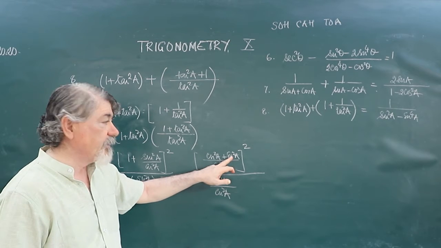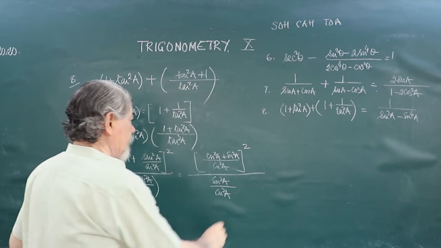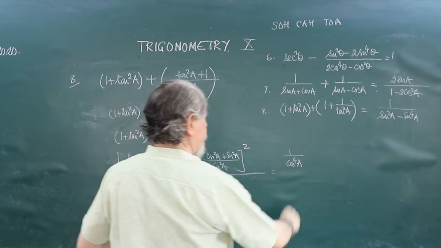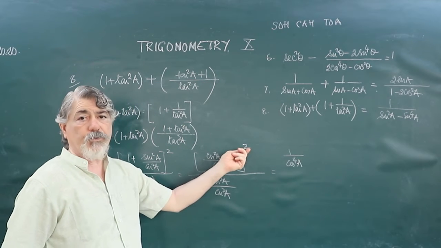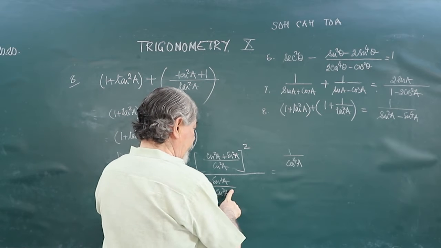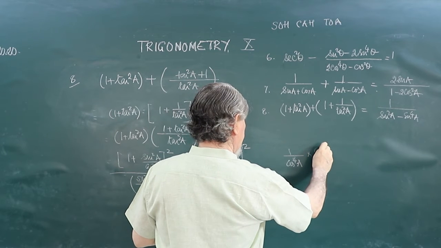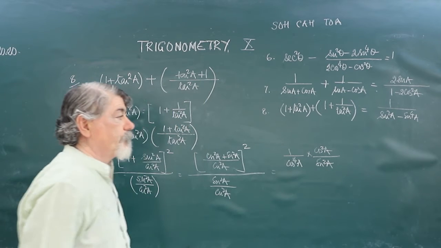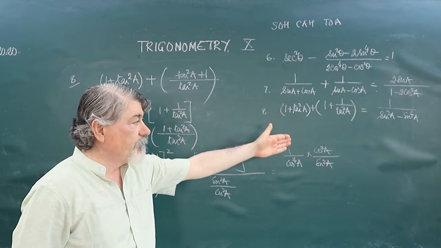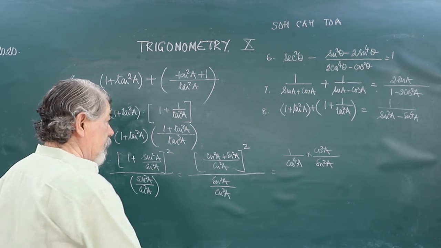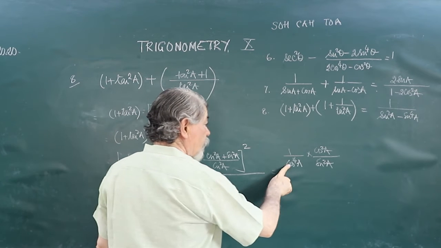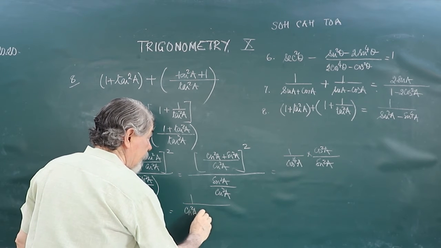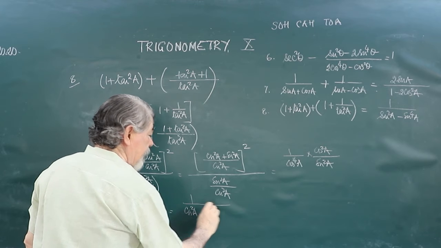So this cos square A plus sine square A will become 1, and it will become 1 upon cos to the power 4 A. Because cos square A to the power 2, if I take the denominator up, it will become cos square A upon sine square A. Now cos 4 over cos 2, so what will be left here? It will be left cos square A and sine square A.